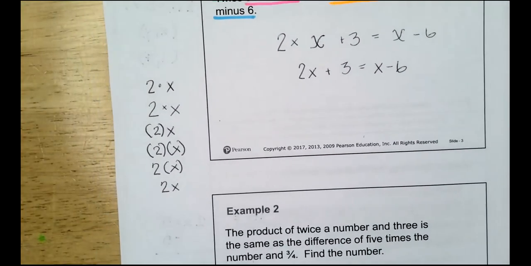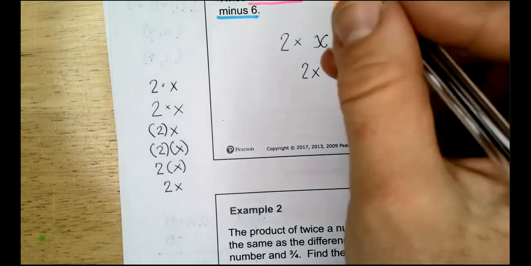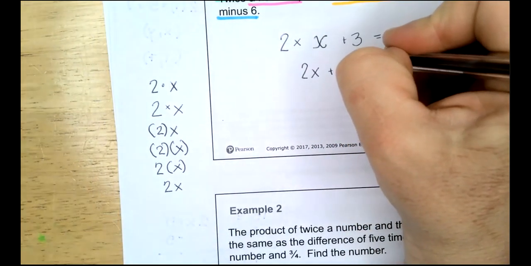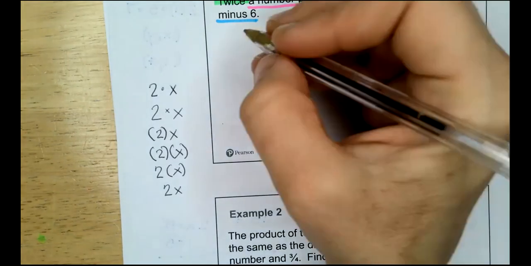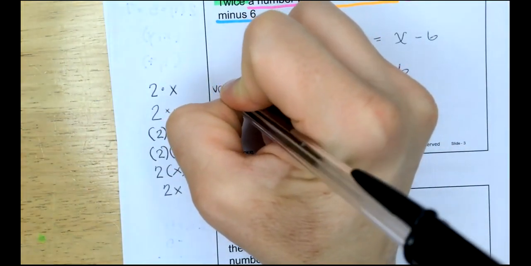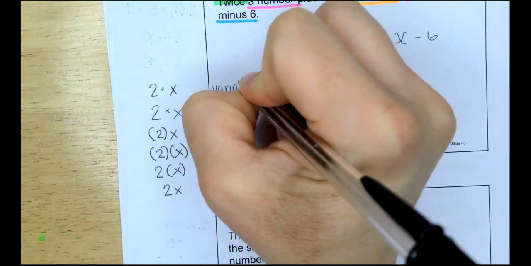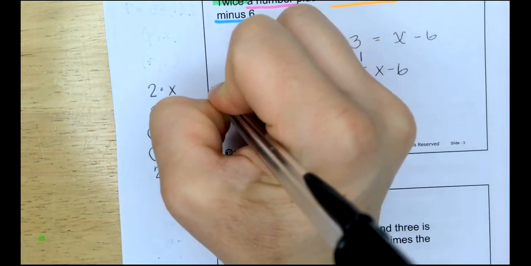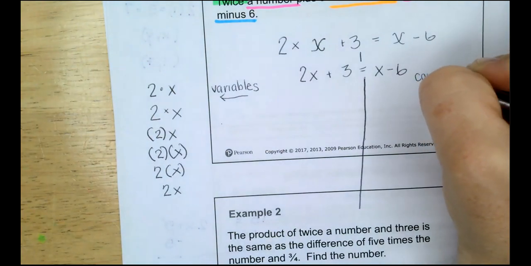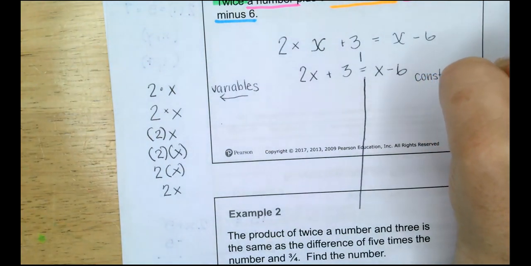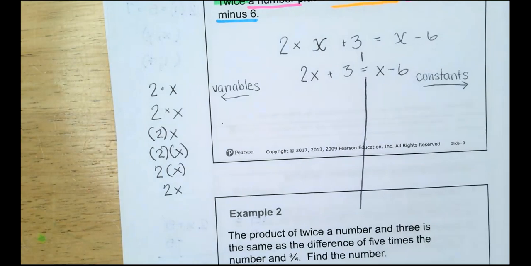So, to solve an equation, you want to be very respectful of the equal sign, and then you want to move all the variables to one side, generally to the left, and all of the constants to the opposite side of the equal sign, okay?